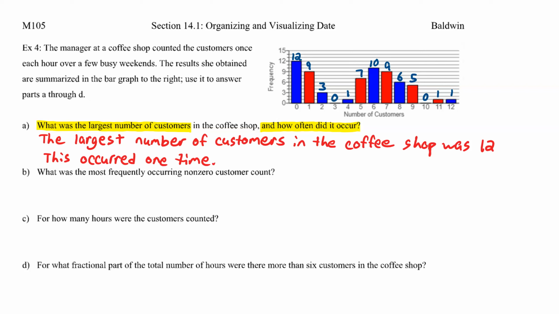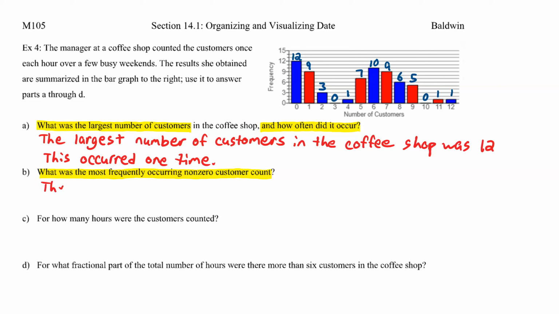Part B says, what was the most frequently occurring non-zero customer count? If we look at the frequency, the most frequent response was that there was nobody in the coffee shop. So when we take that off the table and look at everything from 1 customer up to 12, we find that the most common frequency was having 6.